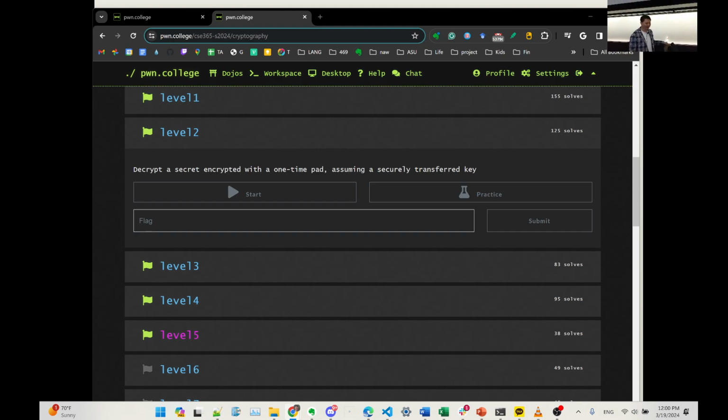The cryptography, I think this is one of the difficult modules in this course. I'm trying my best to assist you to solve the module and become familiar with the basic concepts of cryptography.